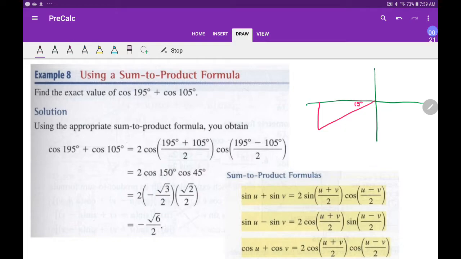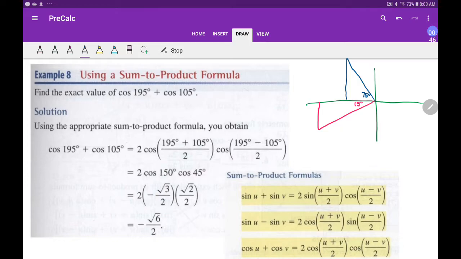And likewise, 105 degrees would put us 75 degrees off the x-axis in quadrant 2, and I don't have a reference triangle for 75.